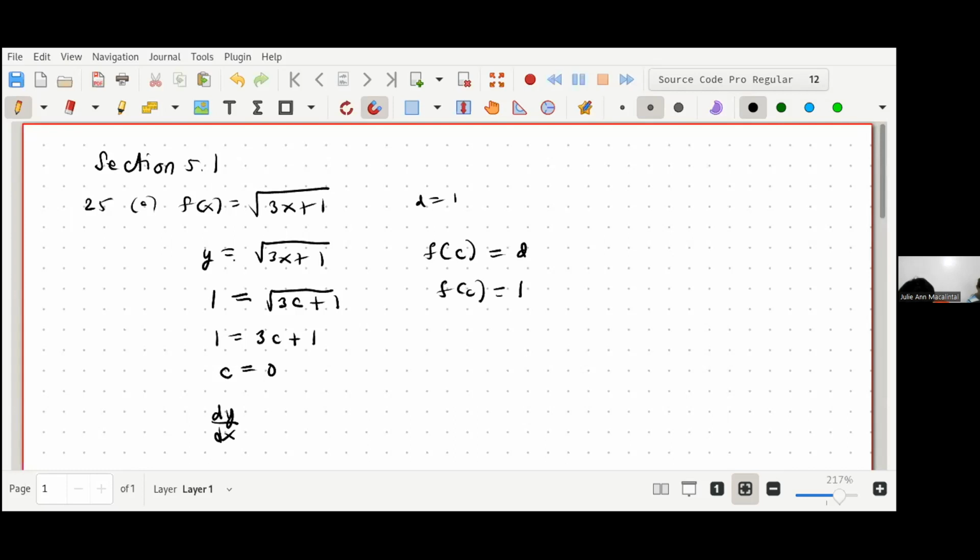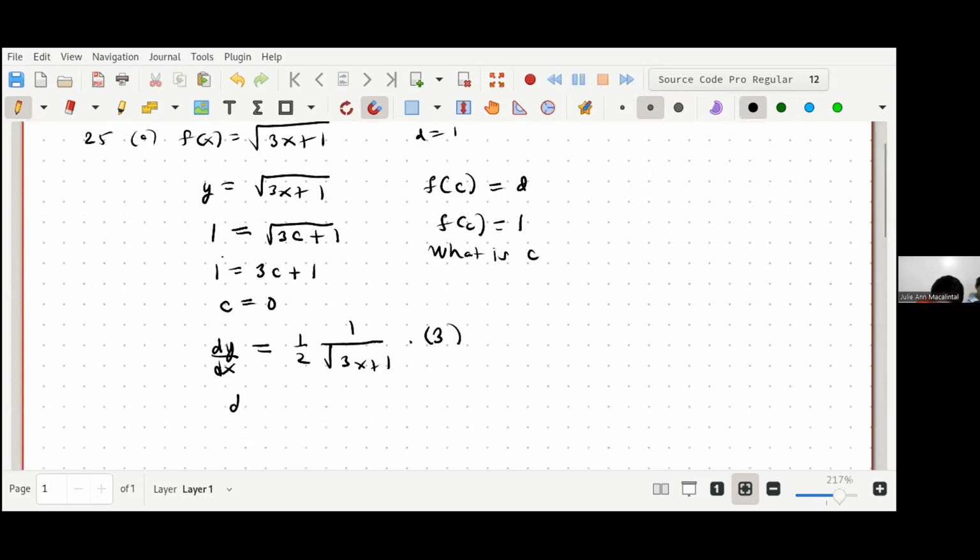So first compute c. When d is 1, 1 equals the square root of 3c plus 1, and by squaring, 3c plus 1 equals 1, so c equals 0. Now, dy/dx is 1/2 times 1 over the square root of 3x plus 1, and then times 3.